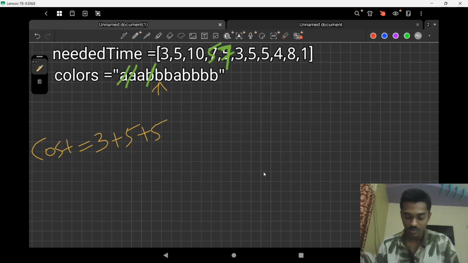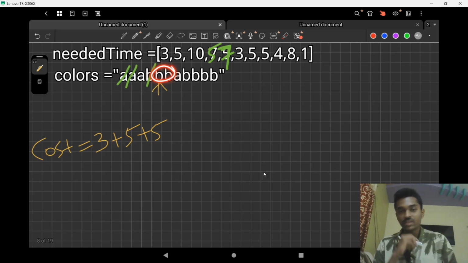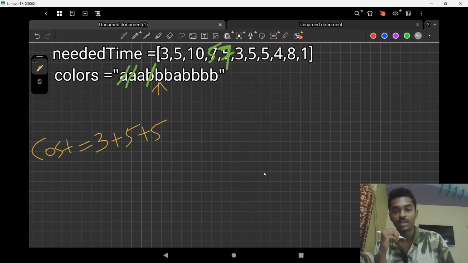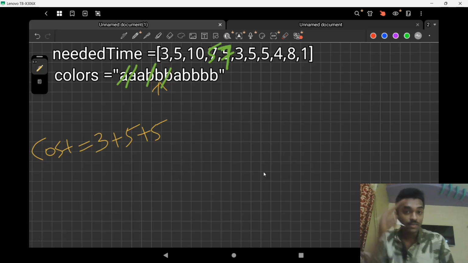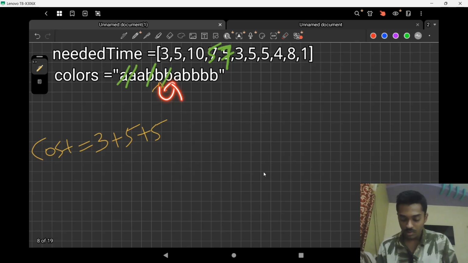Now let's move on to the next b. Now both previous and current are the same, so we have to remove one of them. Their respective costs are 7 and 3, so we are going to remove 3, which means our current element. We are removing our current, and our previous stays the same, so we are just exchanging again. We are taking the balloon here and here, and also their costs.